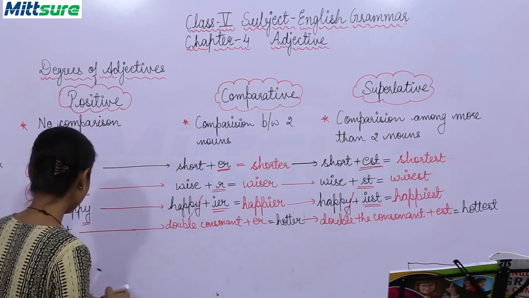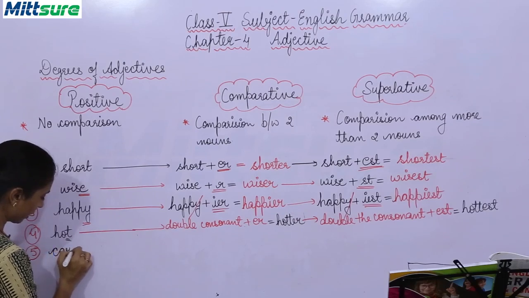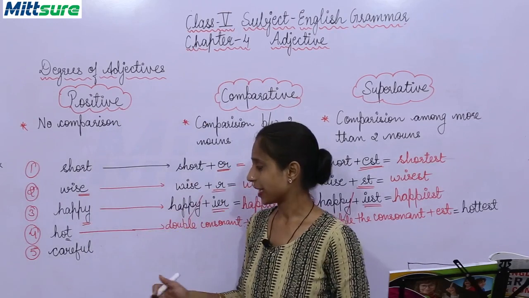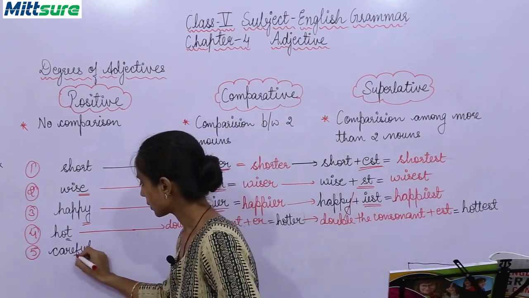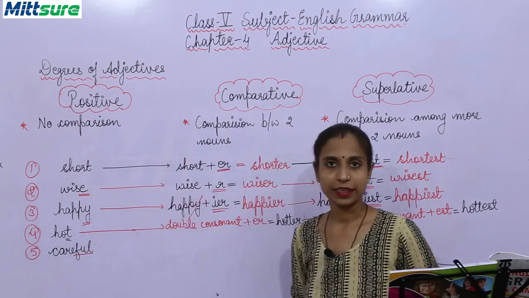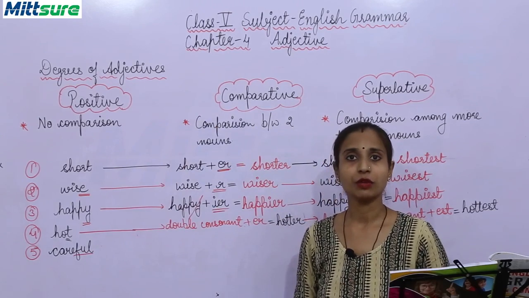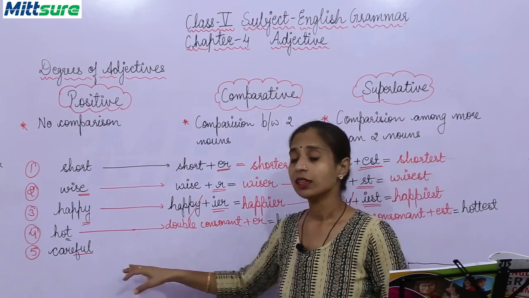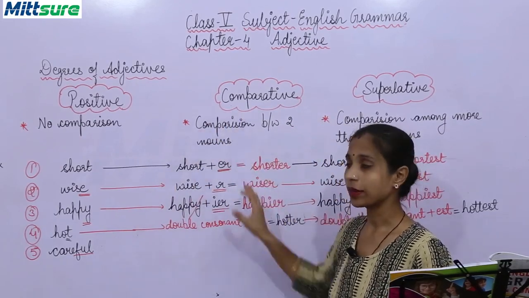Just see, beautiful, or you can say careful. Now, this adjective ends with a suffix. So, what are we going to do? We are going to add more in front of it in the comparative degree.